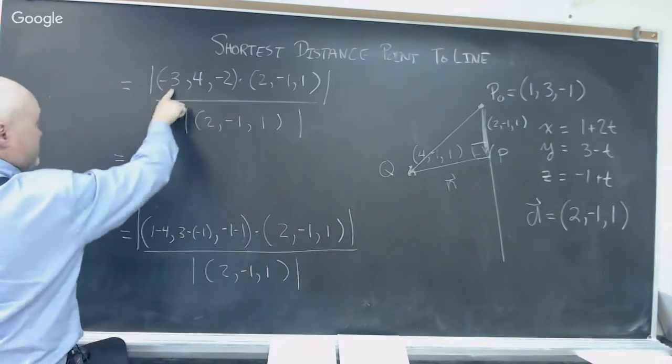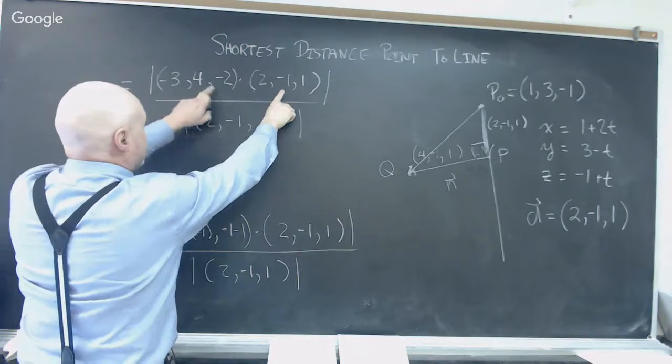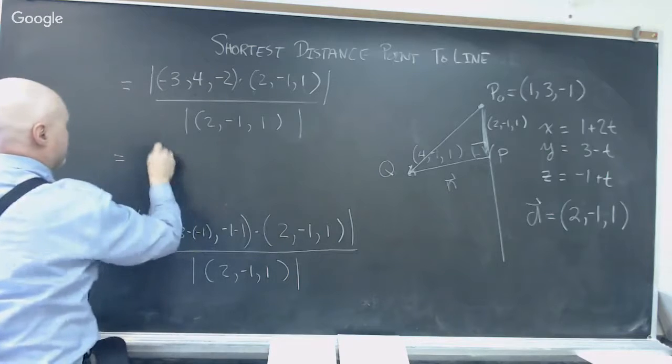There, I'm all ready to do the dot product. -6 minus 4 is -10, minus 2 is -12.